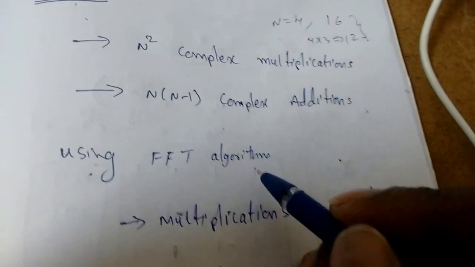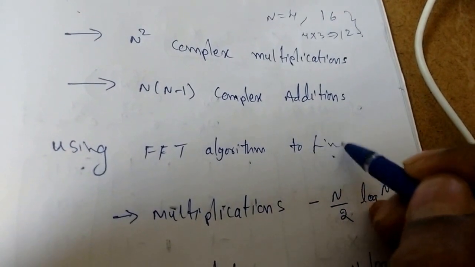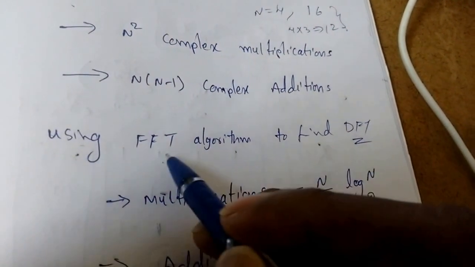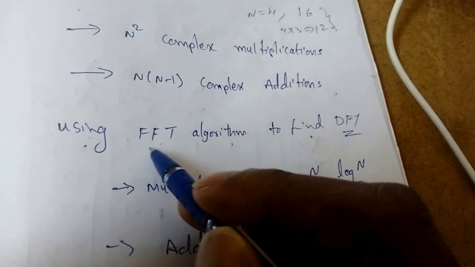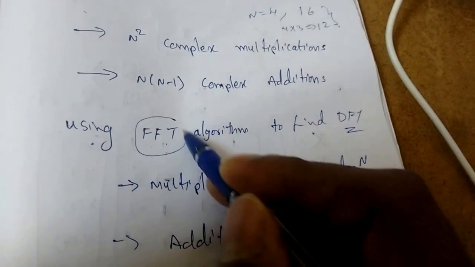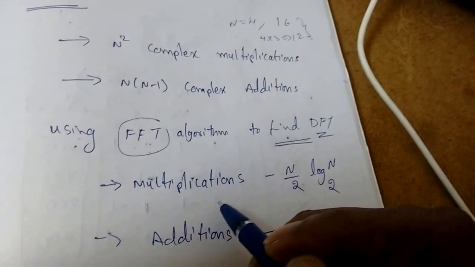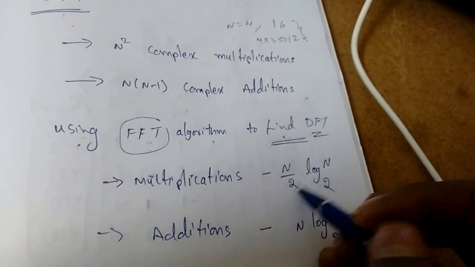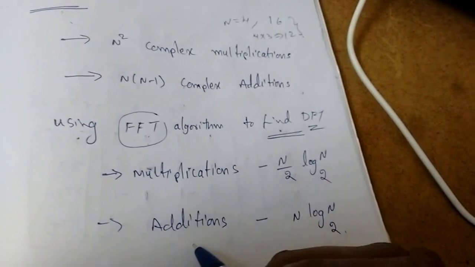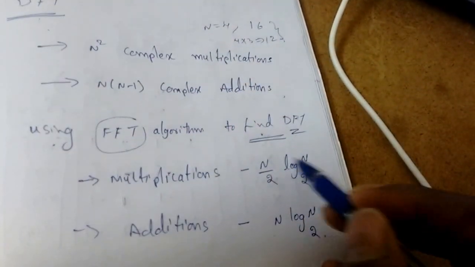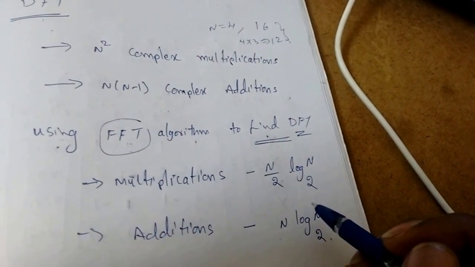But using the FFT algorithm to find the DFT, see, FFT is an algorithm, not a different Fourier transform. FFT means fast Fourier transform, but it is used to find the DFT. Here multiplications required are only N by 2 into log N base 2. Additions required are N into log N base 2. Compared to the direct method, the multiplications and additions are very small.